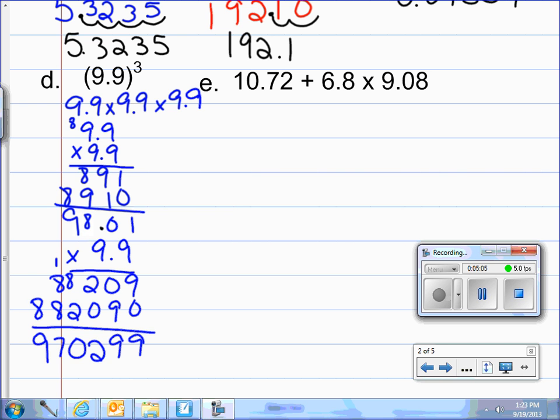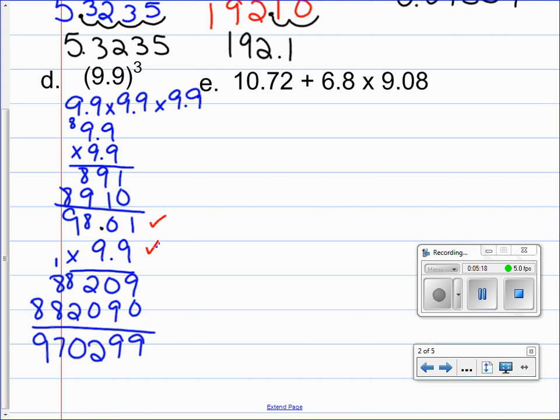After you have worked out times the final 99 tenths, you're going to move the decimal place over 3 places because there's 2 places in this factor, 1 in this one. So we'll move the decimal over 3 times. 1, 2, 3.